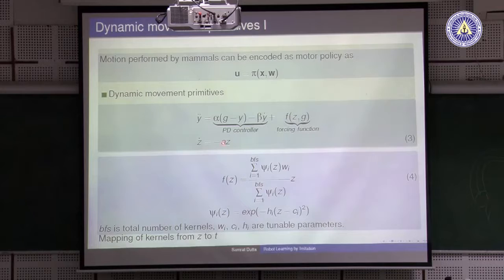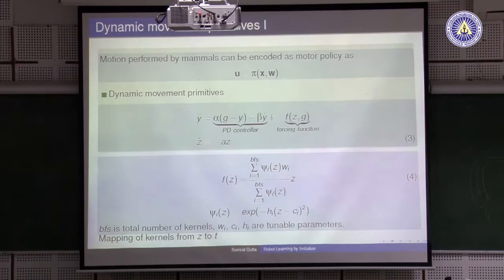If A is positive, then it will always be stable. I will show how Z changes. What we do is take the trajectory of Z and kernelize it, and we learn the forcing function, so that this whole system can represent this kind of motion.